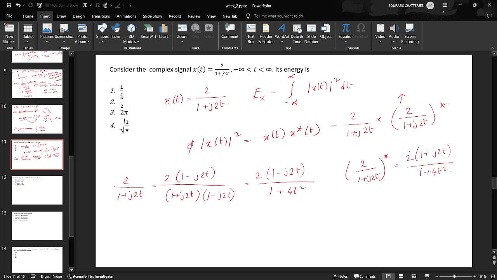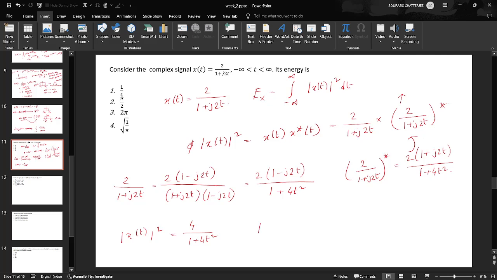So you replace the value here, but you will see that absolute value of x(t) square is nothing but 4 divided by 1 plus 4t square.